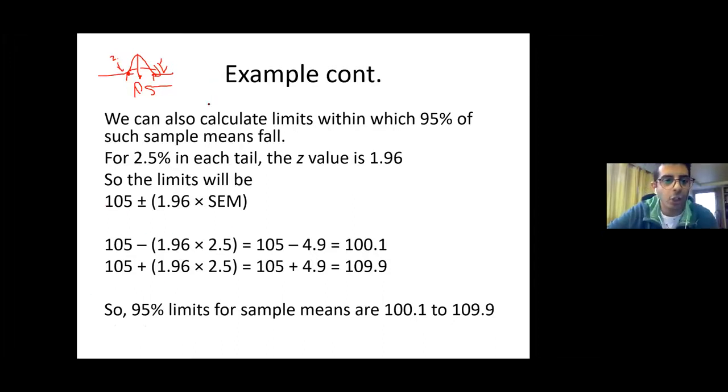So to go 2 standard deviations to the right, we have to use a z of 1.96, because recall this will give us a p-value of 2.5%. And we multiply that by the standard deviations, because z is the number of standard deviations.